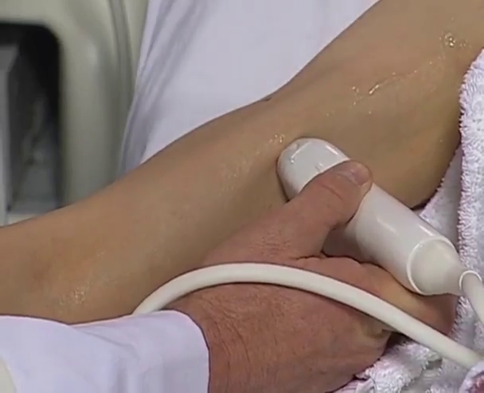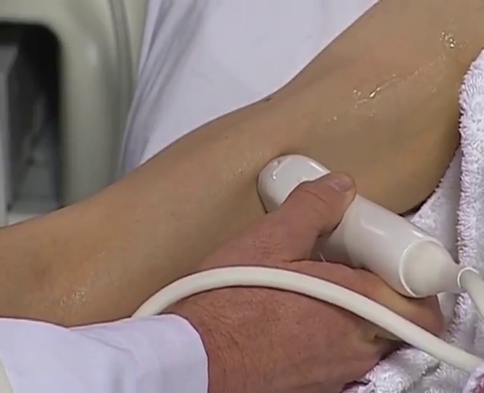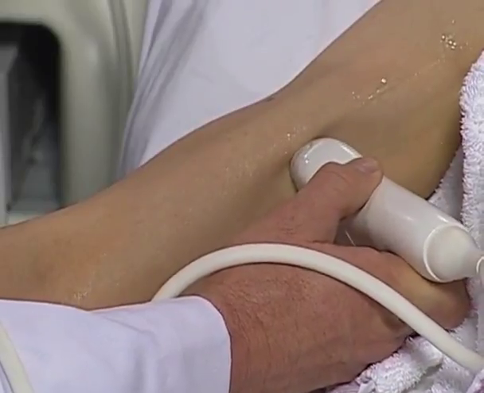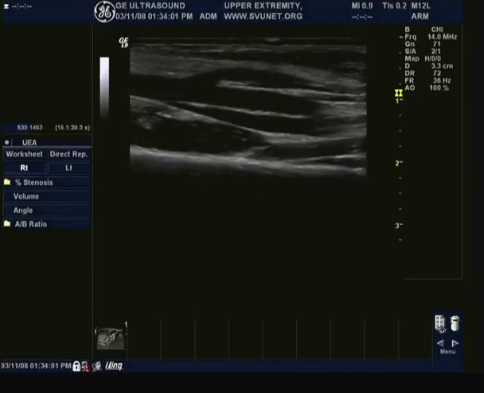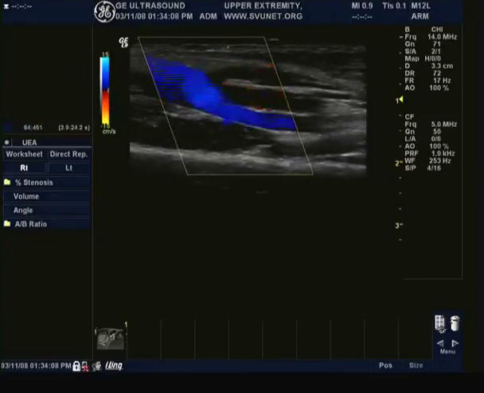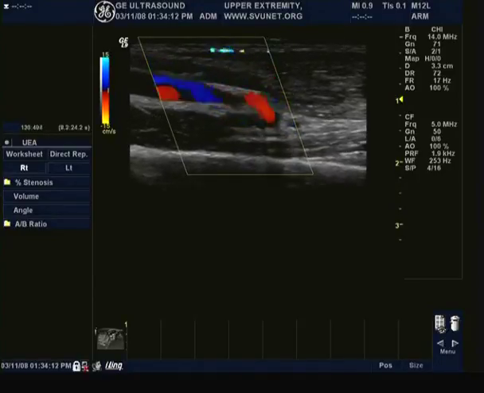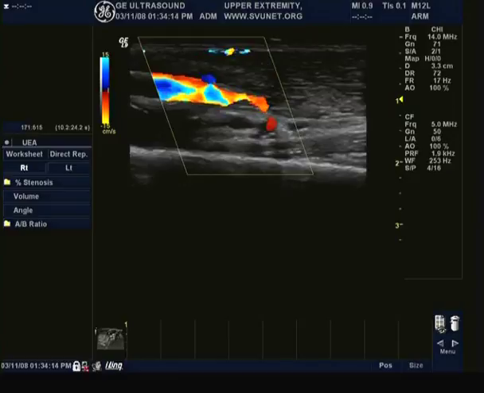Again, I'll use the transverse orientation to find the vessel. And then we'll go longitudinal. Flow's going from left of the screen to right.